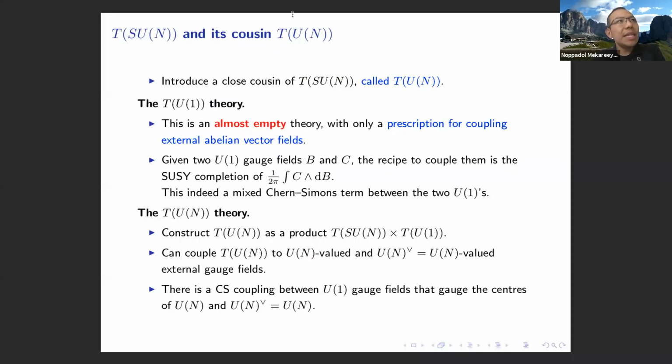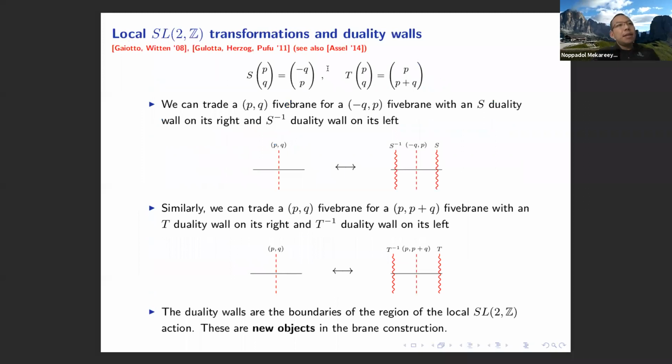Now, this will play a very important role in the construction of our theory. Basically, this is well known from Gaiotto-Witten. This part is a review from the result in 2008. Okay. Now, why does this become more interesting?